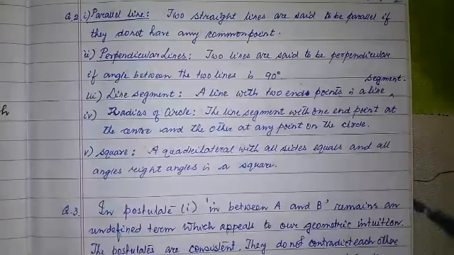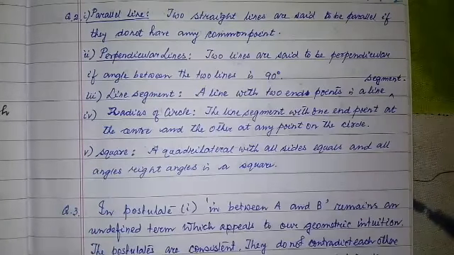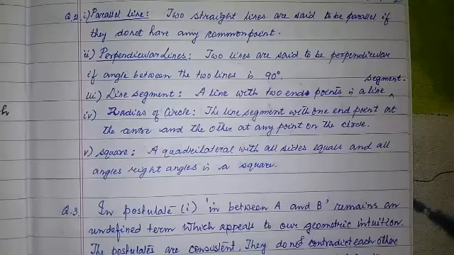Now question 2. Give a definition for each of the following terms. Are there other terms that need to be defined first? What are they? And how might you define them? Parallel lines. Now what are parallel lines?